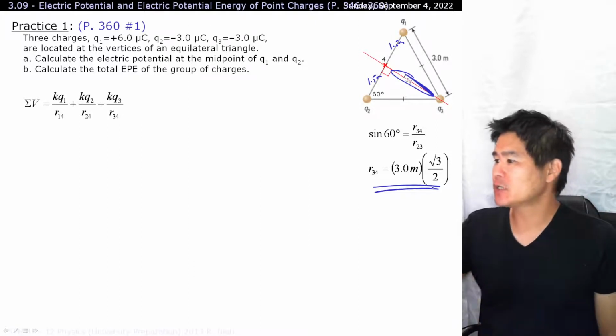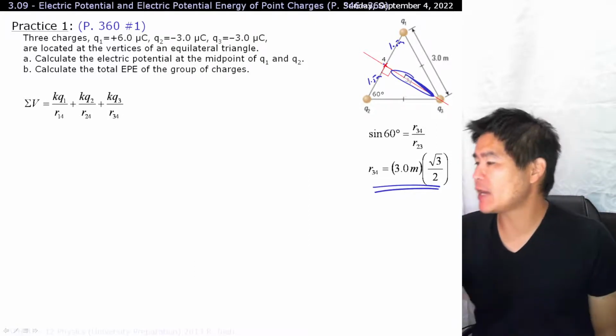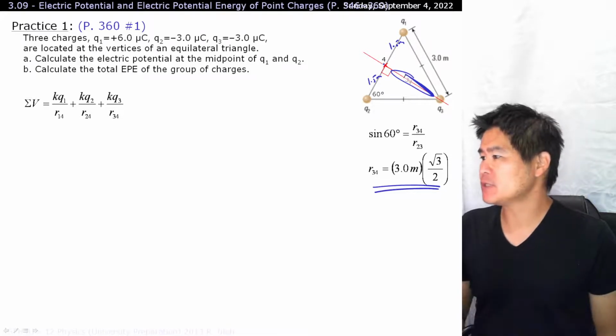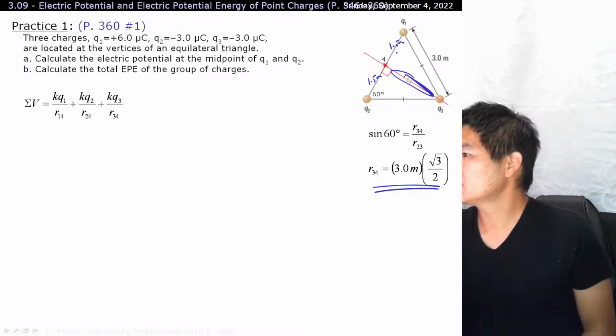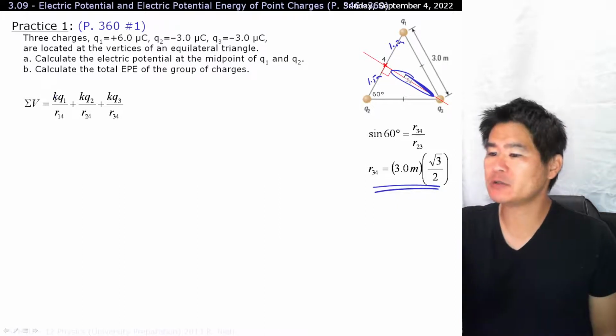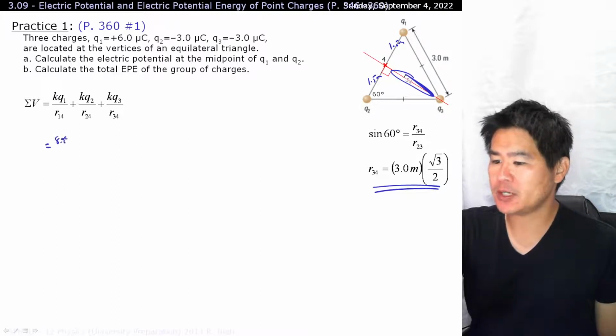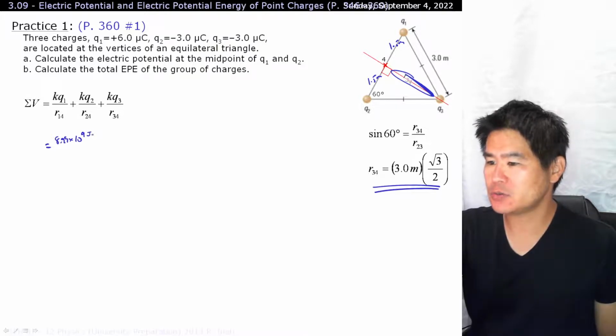So we're trying to look at the sum of all the voltages for that point right over here, and that's equal to KQ over R for all three of these cases. We'll start off with Q1. Q1 has a charge of plus 6 microcoulombs, so K is equal to 8.99 times 10 to the 9 joules times meter squared per coulomb squared.